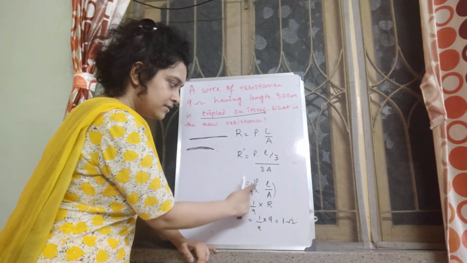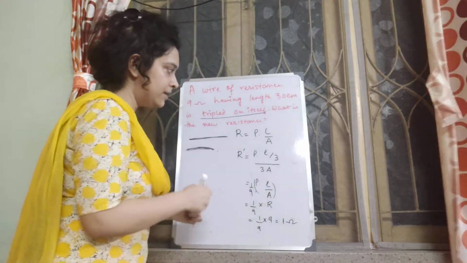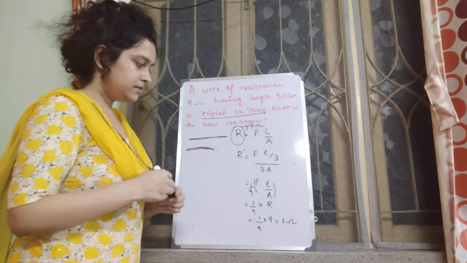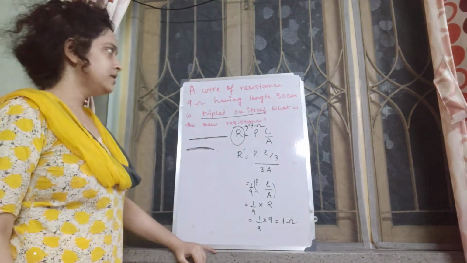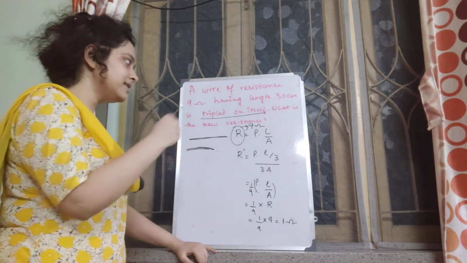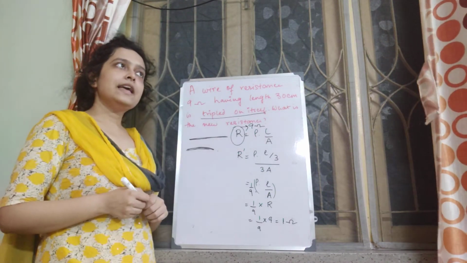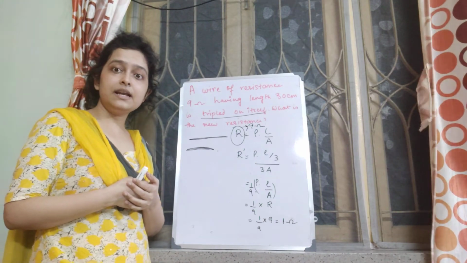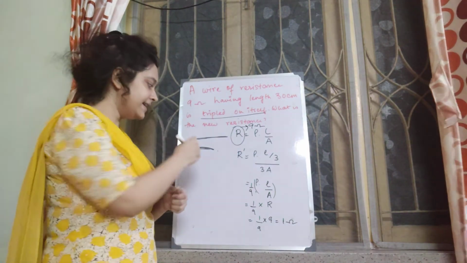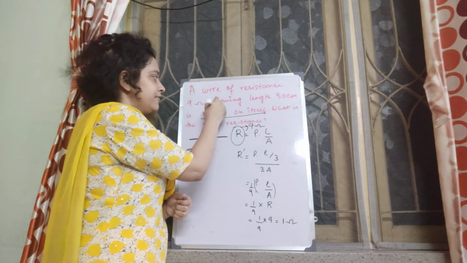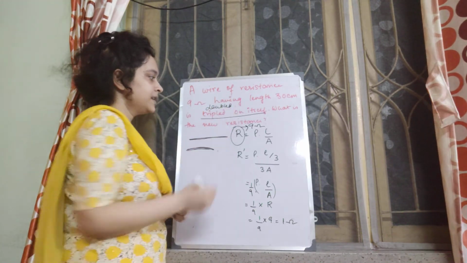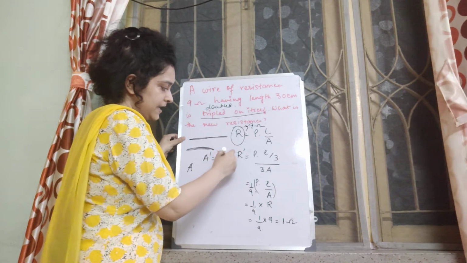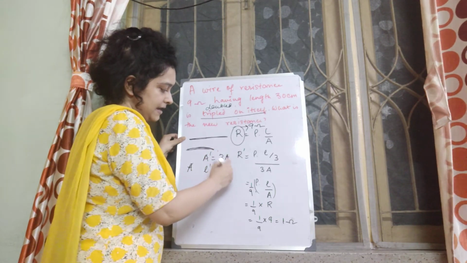Now see, 1/9 rho into L by A. What is rho into L by A? Initial resistance, which is given as 9 ohm. So ultimately 1 ohm. So if a wire is, instead of tripled, doubled on itself, that means in this case A prime was 3A and L prime was L by 3.